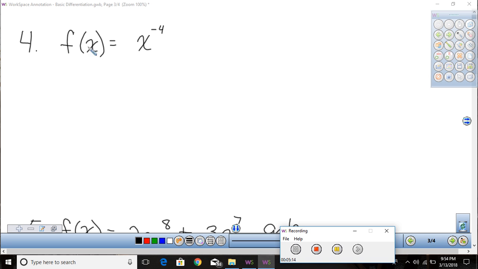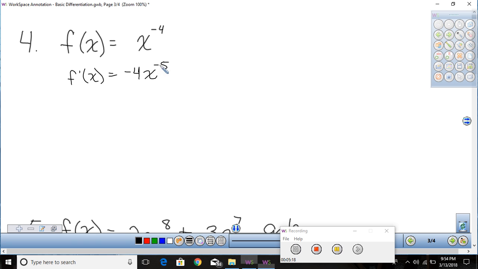All right, number 4. I'm going to do the same exact thing that I've been doing. So I'm going to pull the negative 4 down, and I'm going to subtract 1. So negative 4 minus 1 is negative 5. Now we do not leave exponents that are negative.